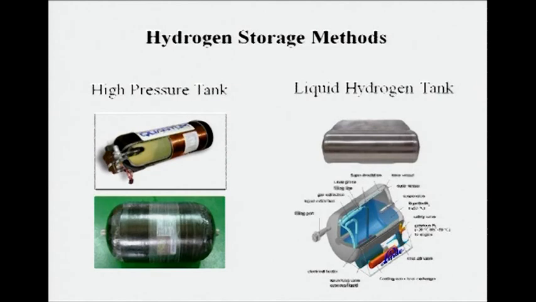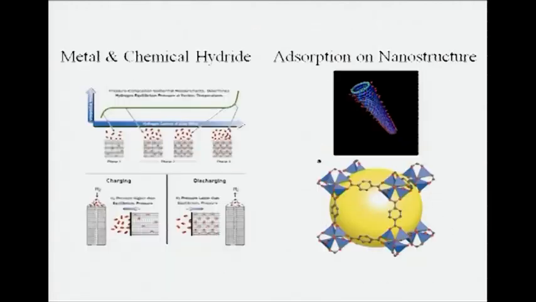There's also liquid hydrogen tank. This method is pursued by BMW. And of course, this is the major research area, metal and chemical hydride. I think Boria was working on this as well to a certain extent.